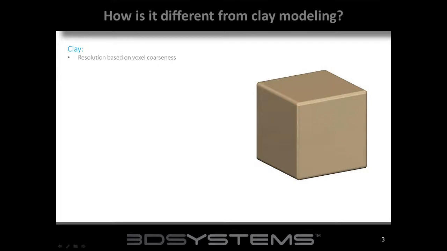Now, this is very different from the way clay voxel modeling works, where, if you're familiar with Freeform, the voxel resolution is based off of the smallest level of division that you're going to use for your voxel object. This here is a low-resolution clay object, so you can see it's very rounded on the edges, but it does have very flat, smooth edges.